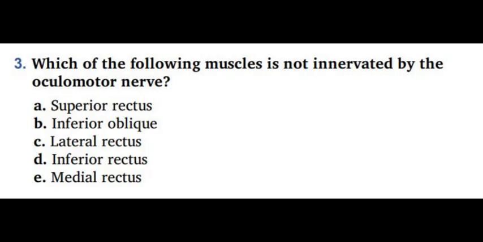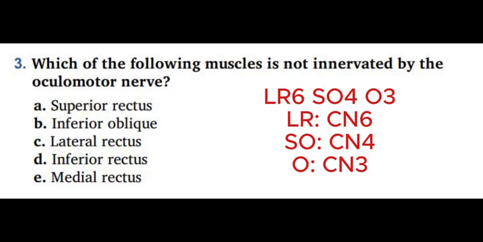Use the mnemonic for extraocular muscle innervation: LR6, SO4, others 3. The lateral rectus is innervated by the sixth nerve, which is the abducens nerve.